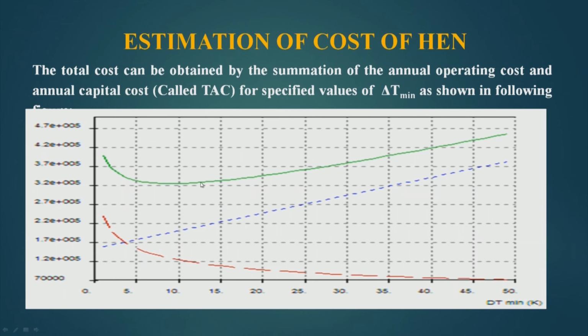So, if I do so, I get a curve like this, which is the summation of these two costs, and this passes through a minimum point which is here. So, I can say that this is my delta T minimum optimum, but this is somewhat flat, and invariably you get a flatter region where delta T minimum is optimum.